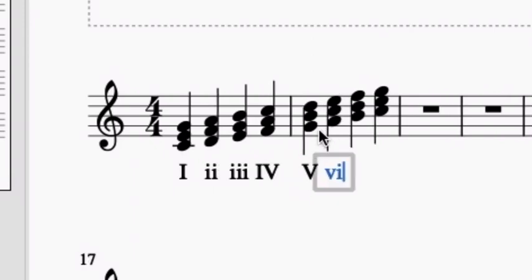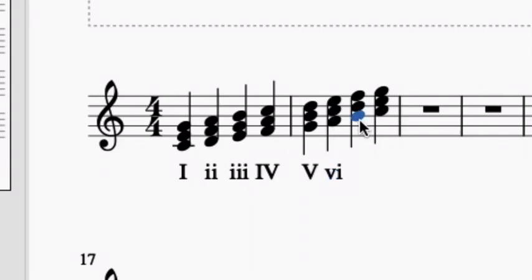Okay, look at the one with the root note B. B to D is a minor third. D to F natural is also a minor third. So what's that going to be?